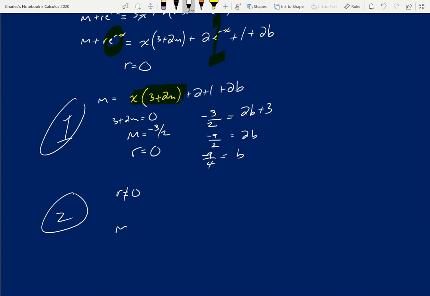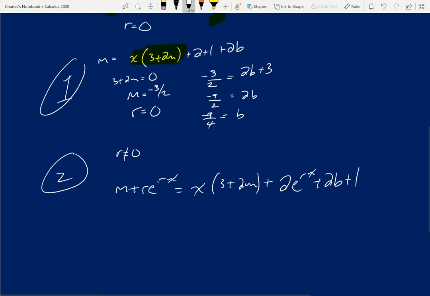So when r is not equal to 0, I have m plus r e to the rx equals x times 3 plus 2m, plus 2e to the rx, plus 2b plus 1.